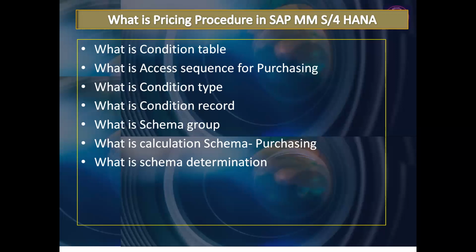Now, coming to the access sequence. What is the access sequence for purchasing here? The main job of the access sequence is to search the record. What record? It searches the condition record for the condition type, from a condition table. So there will be a table, and from that it will search.